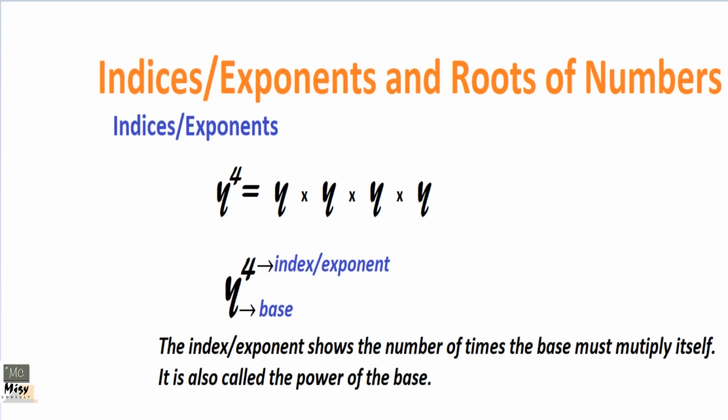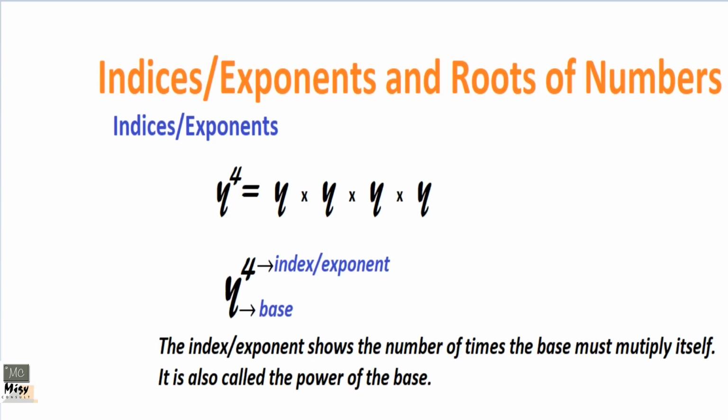When you see indices, it is made of just a number, which is the bigger number, which is the base, and an index, that is the number of times that number is multiplying itself. So indices talk about the number of times a number is multiplying itself.